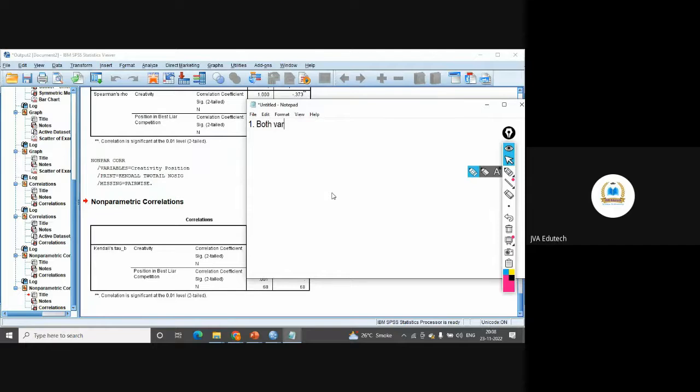Both variables categorical. Both variables continuous, Pearson correlation.